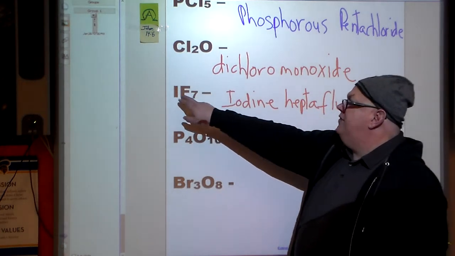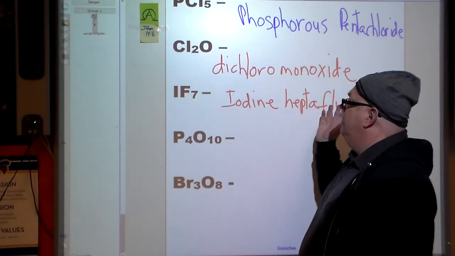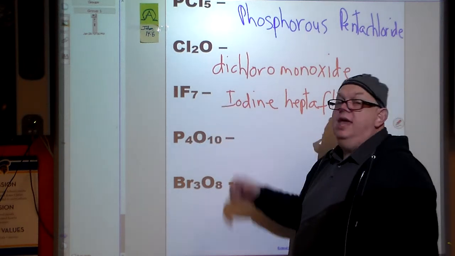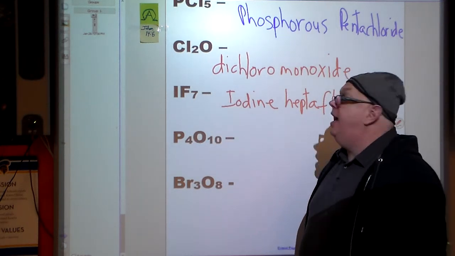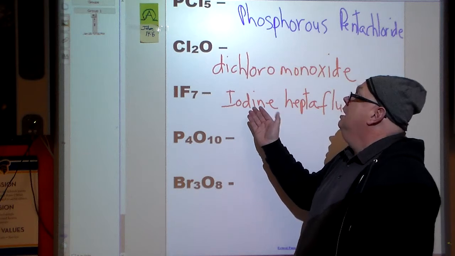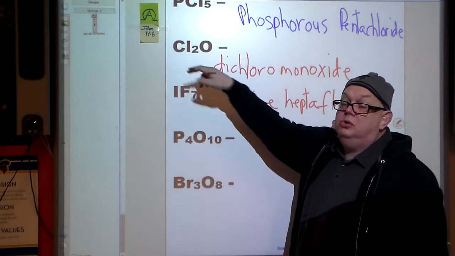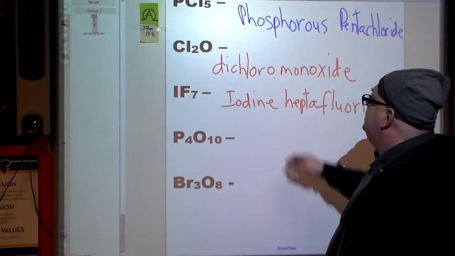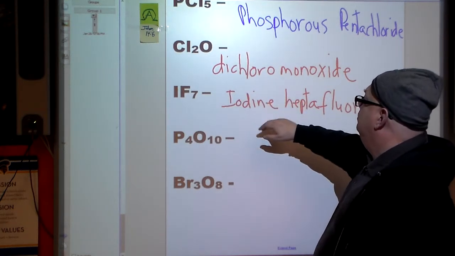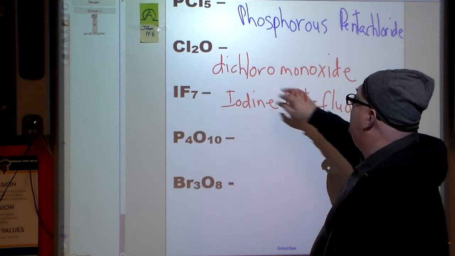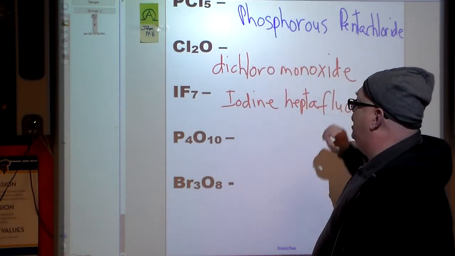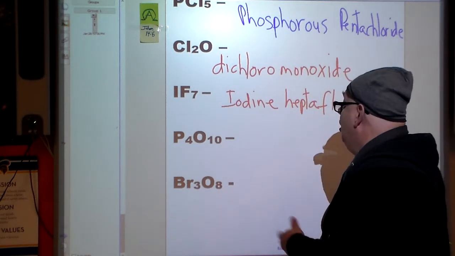Hepta means there are 7 of these fluoride atoms in there. With the iodine, again, we're not using monoiodide because that's the first part. We did use the di in front of the chloro because there are 2 chlorines. So you'd say iodine heptafluoride, dichloromonoxide. That's it.